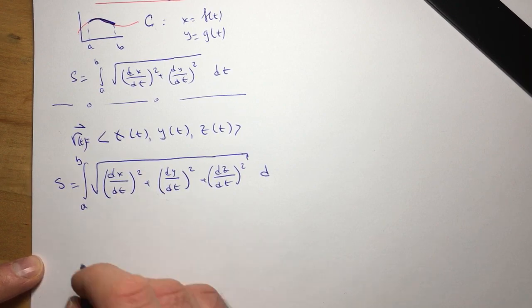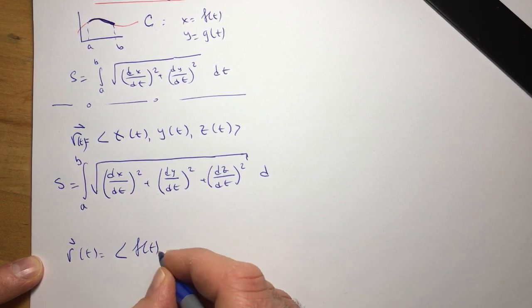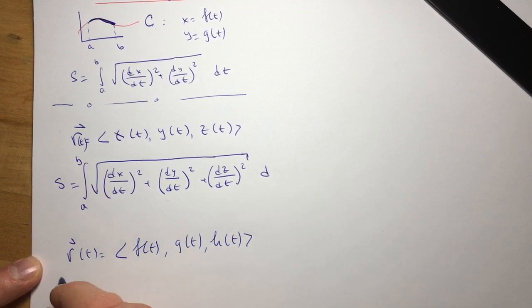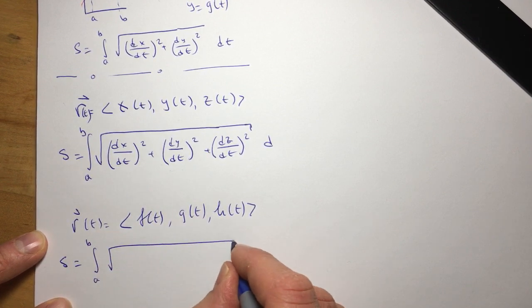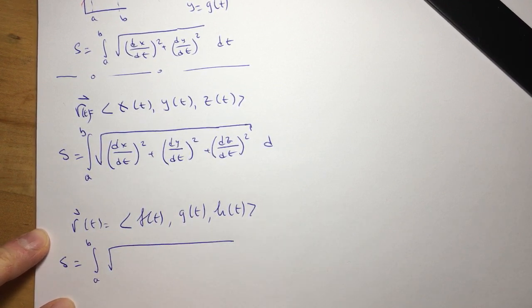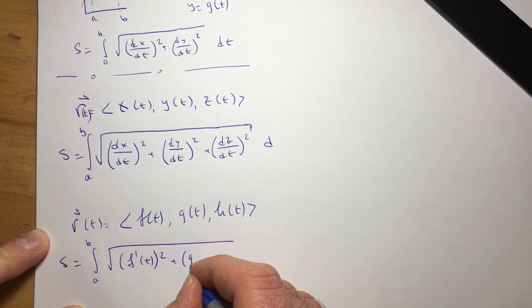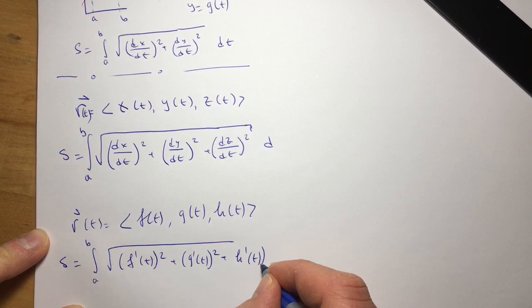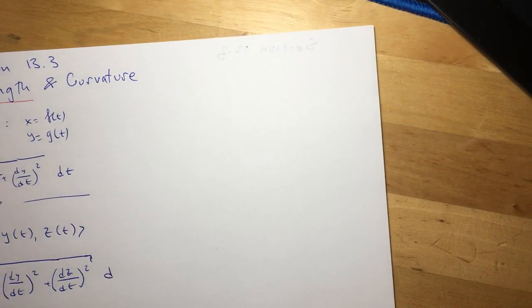Or if you want to have written this as r of t equals f of t, g of t, h of t, the same thing, then the arc length is going to be the definite integral from a to b, square root of the sum of the squares of the derivatives: f prime of t squared plus g prime of t squared plus h prime of t squared, dt. Okay, very, very simple concept.